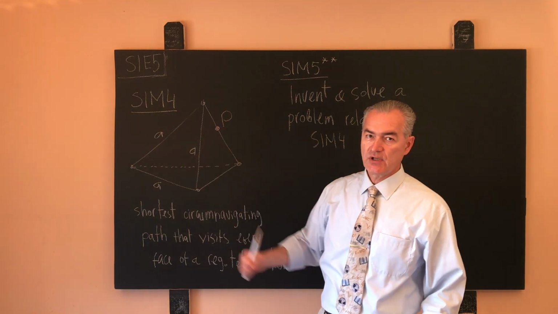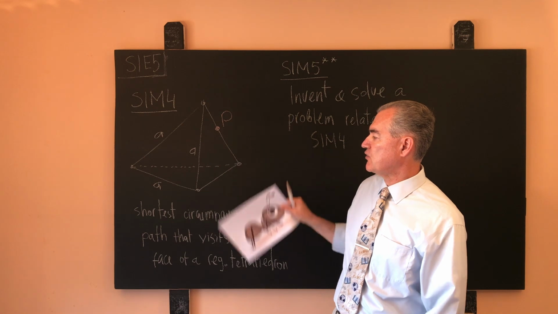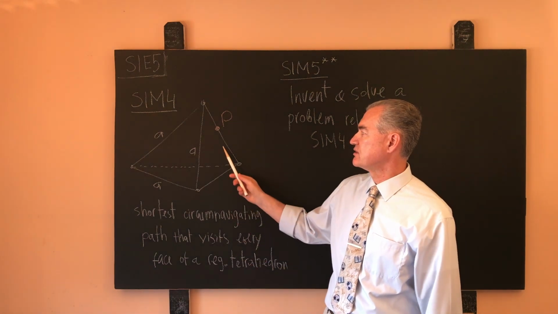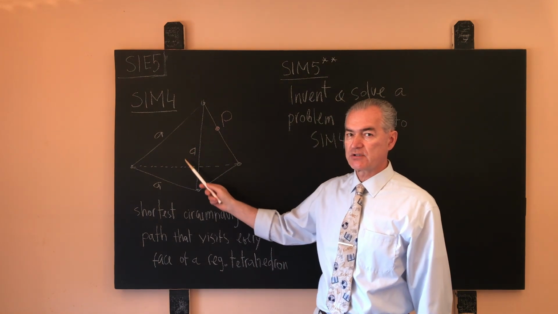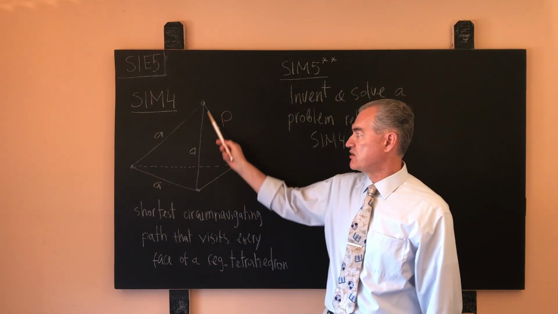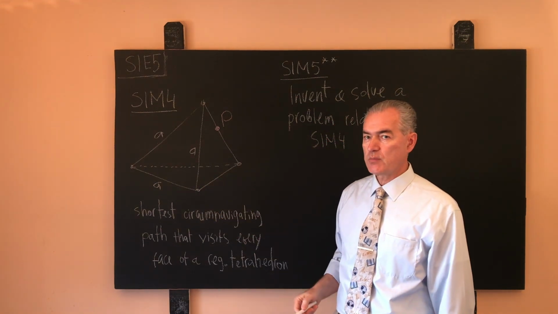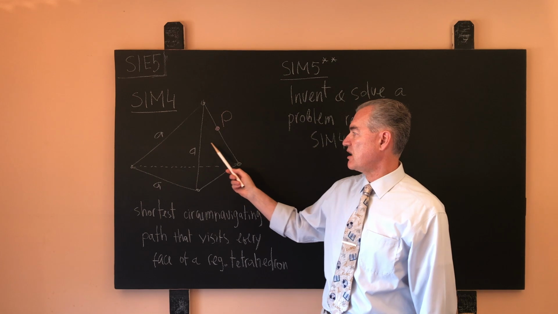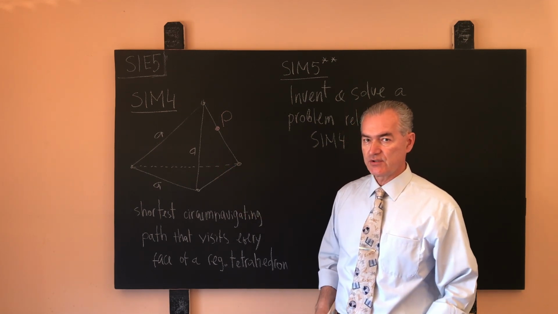the objective is for our friendly and inquisitive ant to find a shortest circumnavigating orbit around a regular tetrahedron with the edge length of A, such that that orbit visits each and every face of the given tetrahedron.